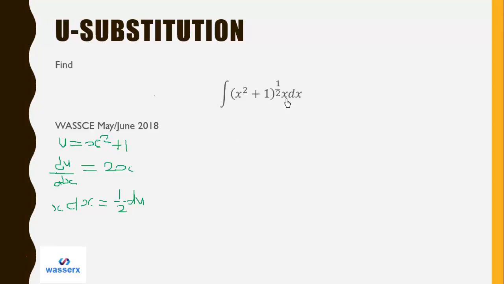Substitute whatever is here into this. So we are going to get something like this. Wherever we see x squared plus 1, we put u. So our integral becomes u to the power 1 over 2, times 1 over 2 du.